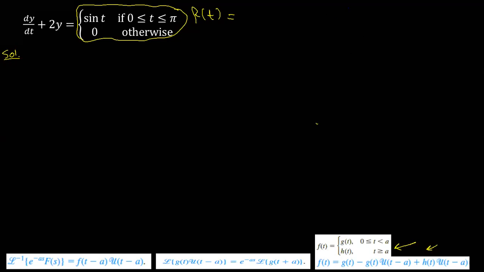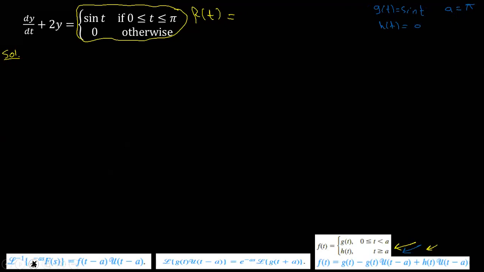Your g of t, please. I'm going to apply this rule now, Omar. g of t equals sin t. Your a, please. Pi. Your h. Zero. Now, let us go back and plug in.